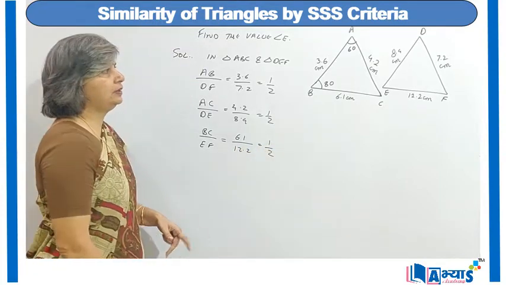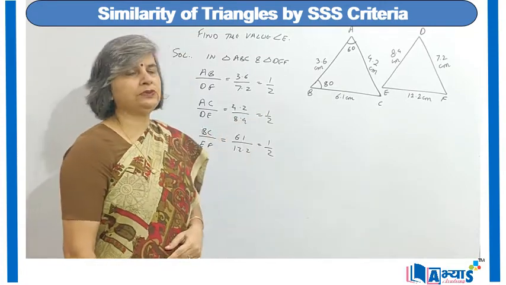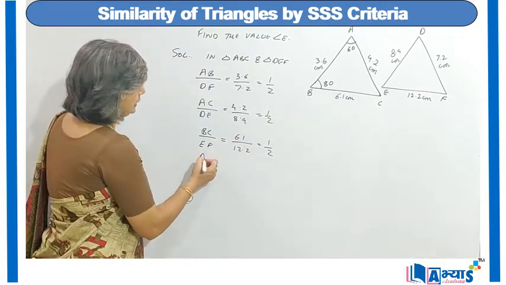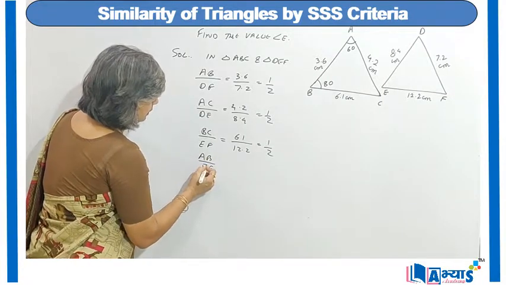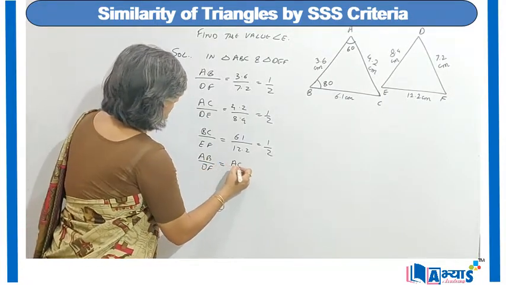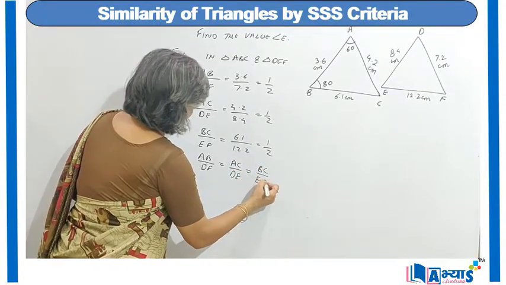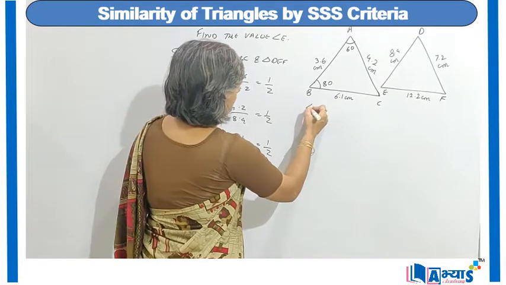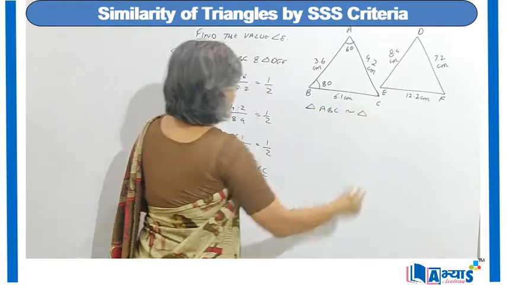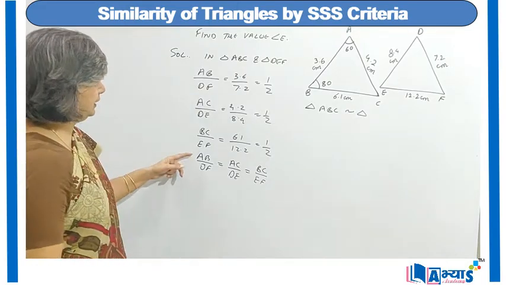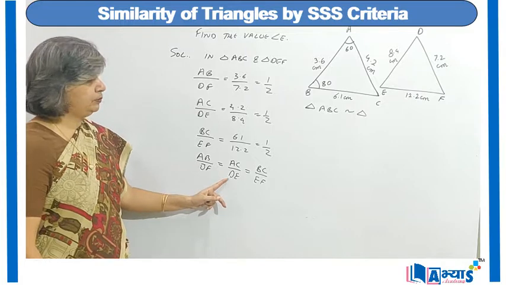So we see that the three sides of one triangle are in ratio with the three sides of the other triangle. Or we can say that AB upon DF is equal to AC upon DE is equal to BC upon EF. Therefore triangle ABC is similar to... Now to write the similarity, we will see that in the first and the second ratios we have A and D in both the terms.